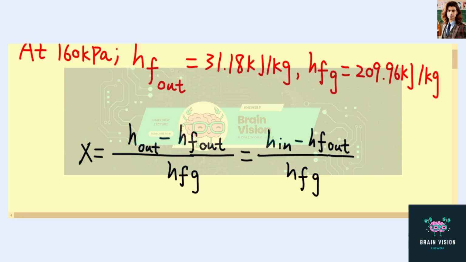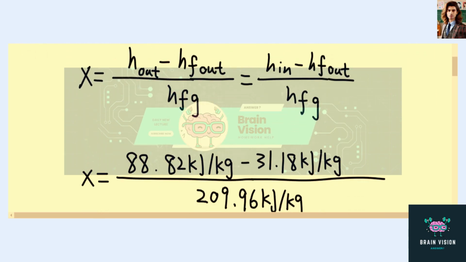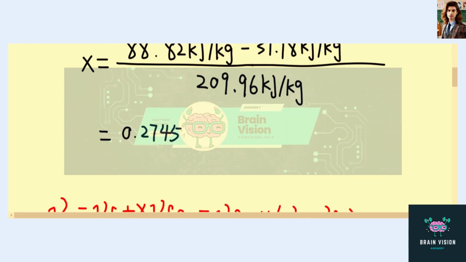So now we can determine the quality of the outlet, which is x here, equal to h2 minus hf over hfg, which can also be equal to h in minus hf over hfg, since we know h in and h2 are equal to each other. So if we plug in the values, eventually you have the quality of the outlet equal to 0.2745.